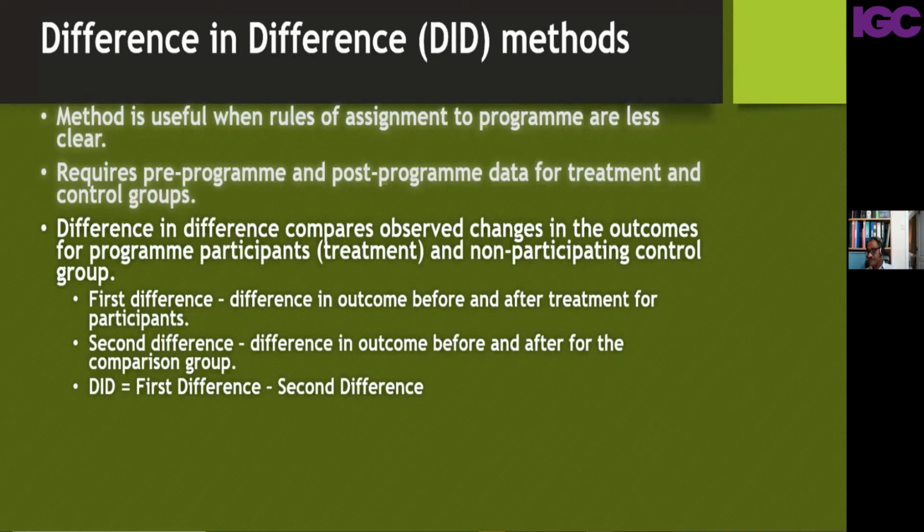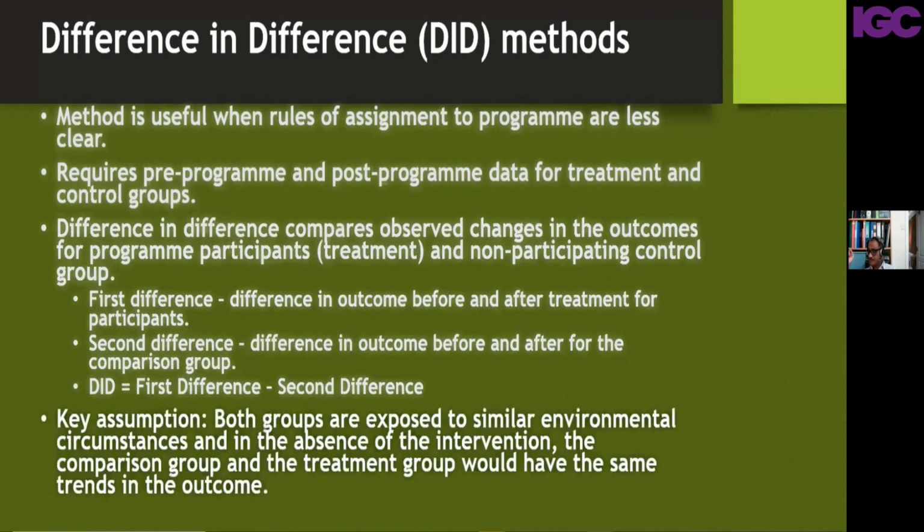The second difference is the difference in outcome before and after for the comparison group. So what was the outcome, say, in the participating block where road construction was taken up? Then what is the difference in outcome before and after for the block where no road construction was taken up? And the difference in difference is simply the first difference minus the second difference.